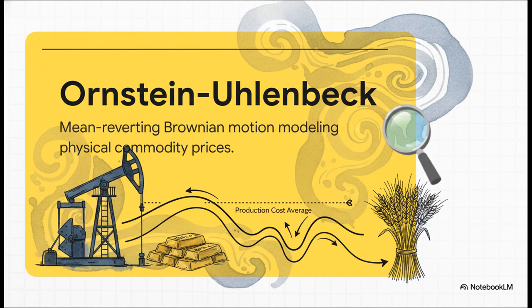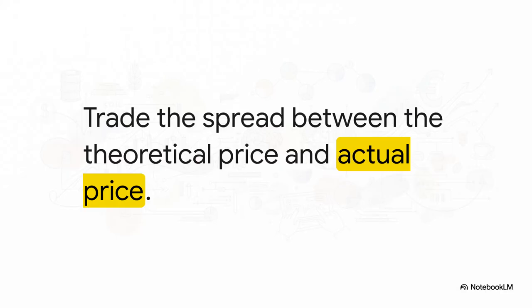If prices go way too high, everyone rushes to produce more. Because of that, log spot prices naturally snap back or mean revert to their actual production costs. The parameter kappa in this formula represents exactly that, the aggressive speed of that mean reversion pulling back toward the long-term average A. By solving that continuous time process, quants can derive the exact theoretical futures price.